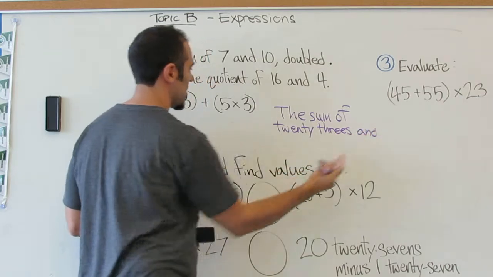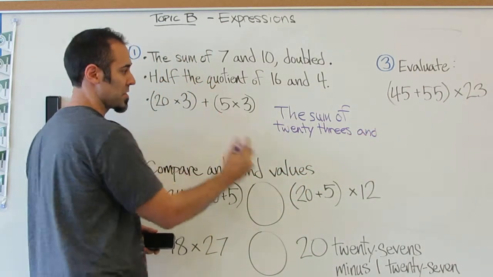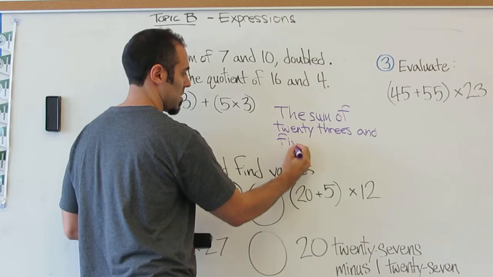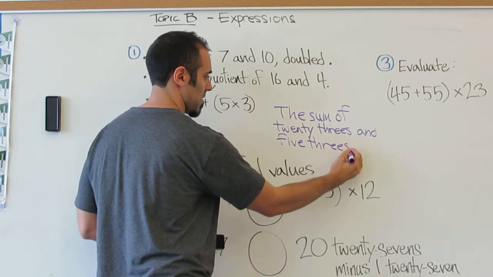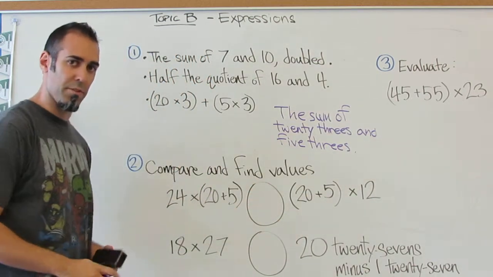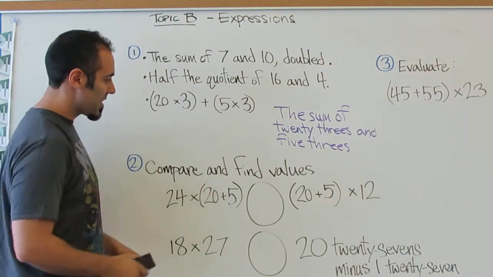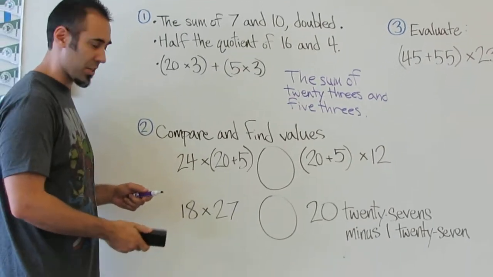And we could say 5 3s. Done. Once they get this, we're going to be moving on to comparing expressions.